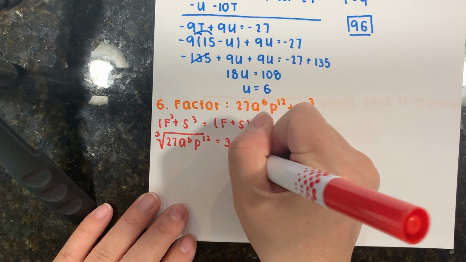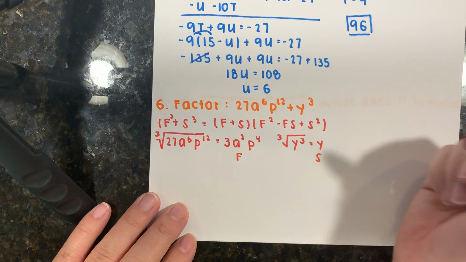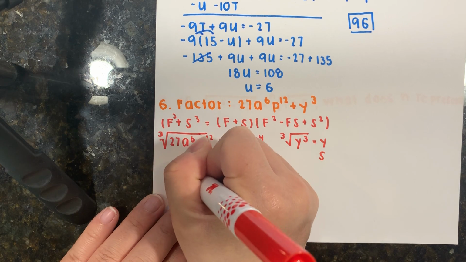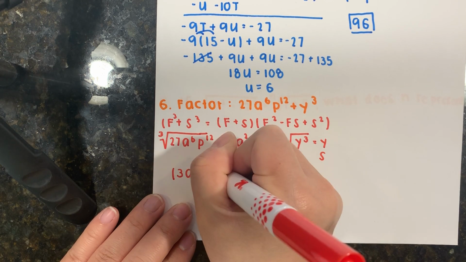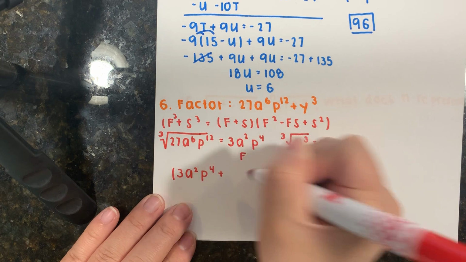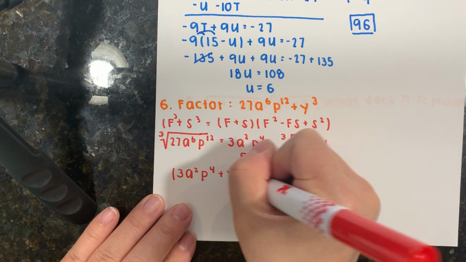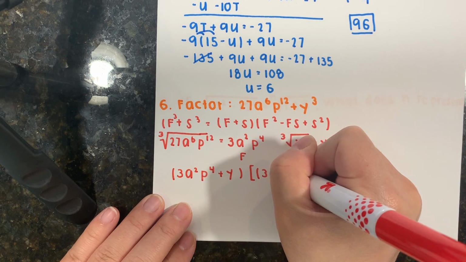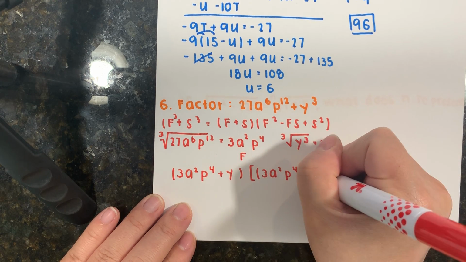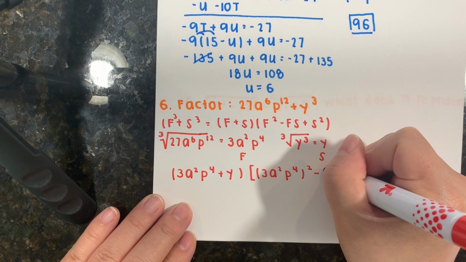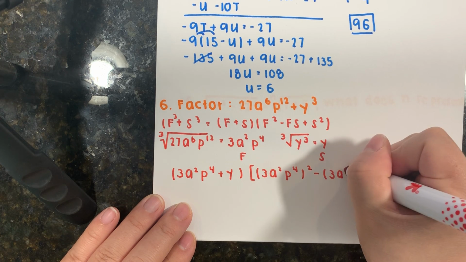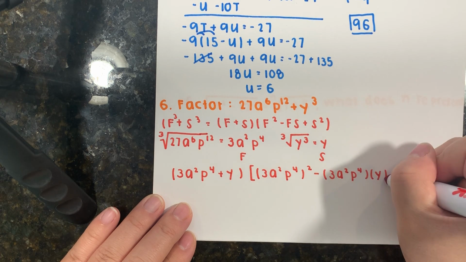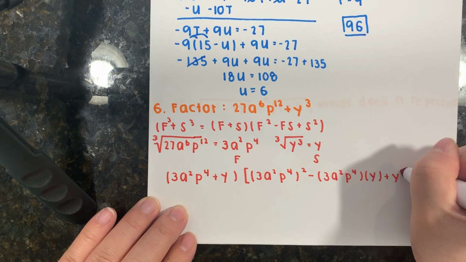This is going to be your f, and this will be your s, and you're just going to plug it in. So it would be 3a squared p to the 4th plus y times 3a to the 2nd p to the 4th squared minus 3a to the 2nd p to the 4th times y plus y squared.